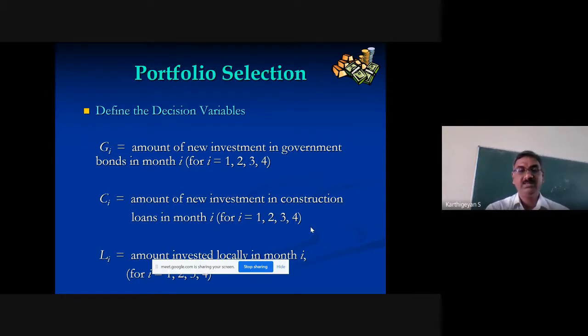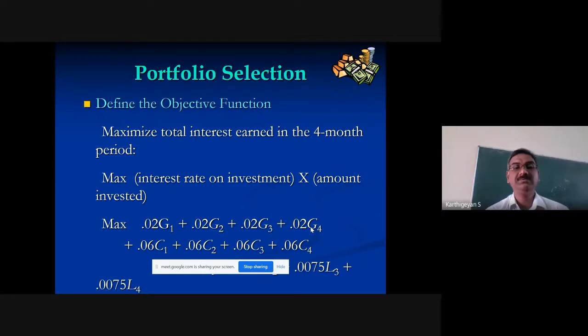Okay, next, the objective function is obviously to maximize the total interest earned in the 4-month period. The returns, interest, is nothing but the returns. So the interest rate on investment should be multiplied by the amount invested, obviously. The interest rate already mentioned: government bonds is 2%, and in the case of construction loans, that is 6%, and so on.